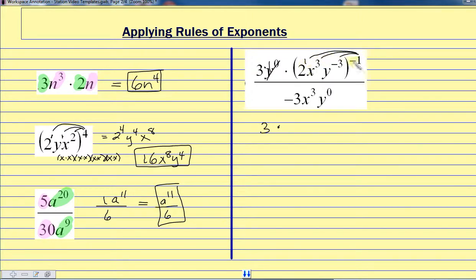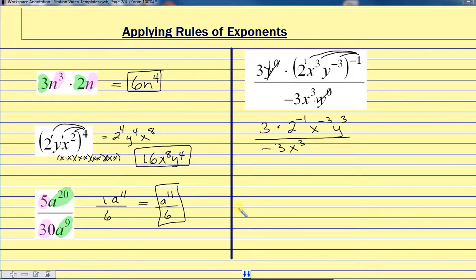Powers can only multiply to other powers, so we would have 2 to the negative 1, x to the negative 3, and y to the negative 3 times negative 1 will give us positive 3. So I'm going to deal with all this in a minute. Let me do the bottom. The only thing to simplify down there is that this is a times 1. So I really just have negative 3x to the 3rd.